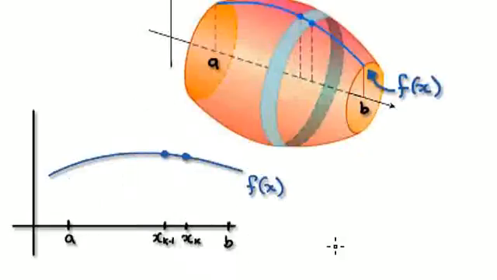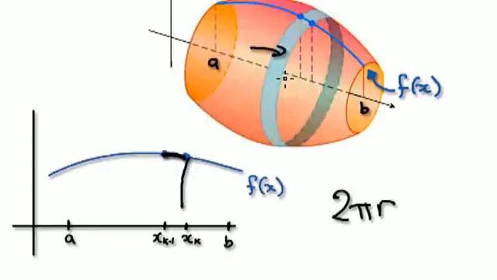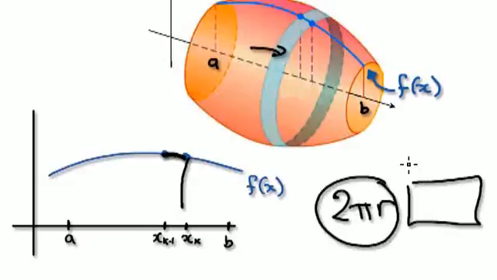Now I'm just glossing over it. It doesn't matter if you don't understand it. So the point is that once you've got your arc length, this length here, you can times it with 2 pi r to get the area of this one band here. But then for this r, you want the average of the two radii.